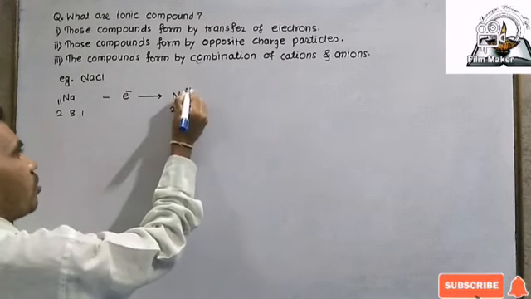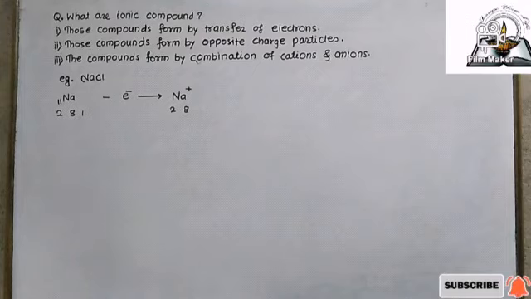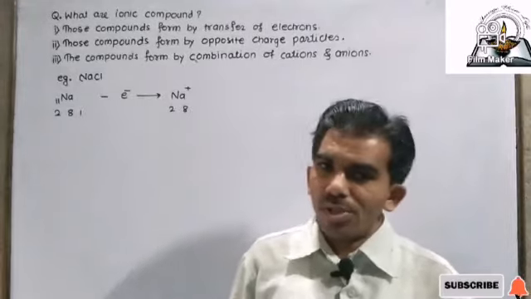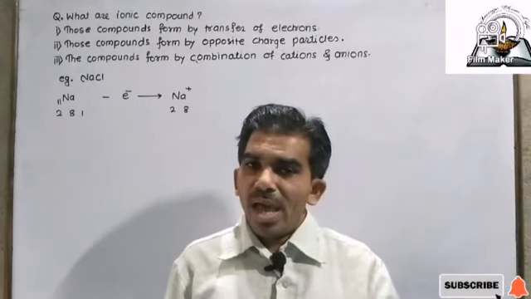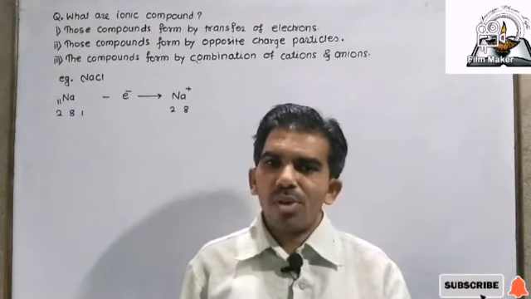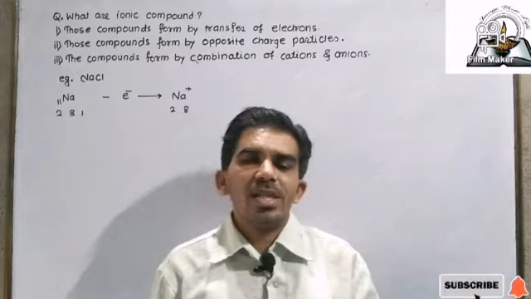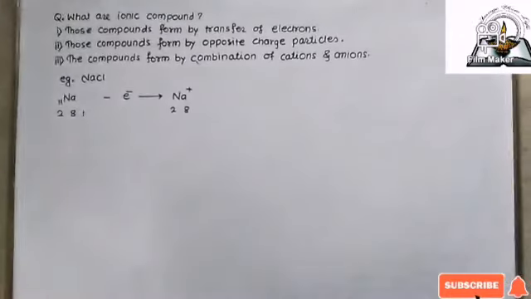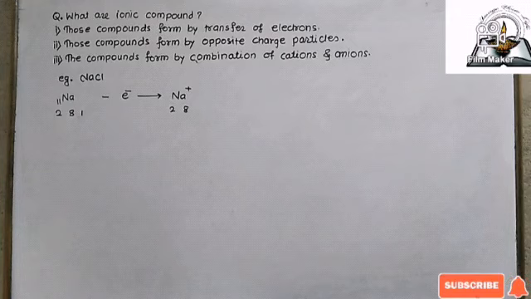So it acquires one positive charge. So in case of sodium, सोडियम जो है वो मेटल्स है, और मेटल की जो टेंडेंसी इलेक्ट्रॉन लॉस करने की होती है. So as sodium has atomic number 11, its electronic configuration 2, 8, 1, and it has a tendency to lose the one electron.